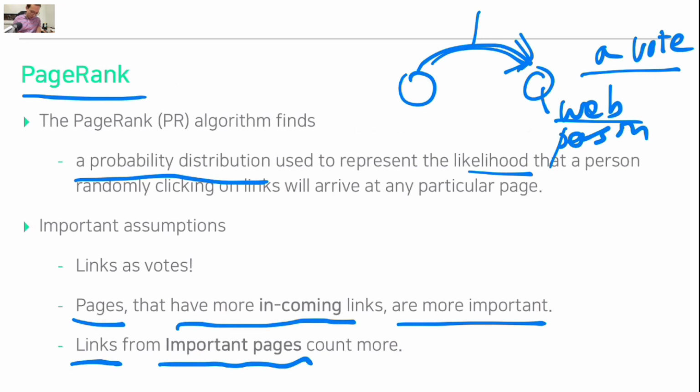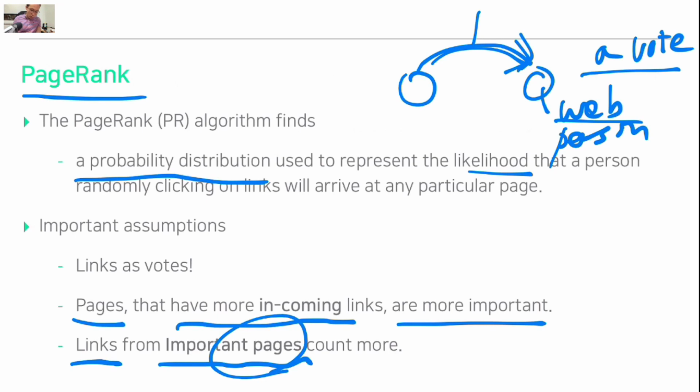The fundamental law, I'm not sure how to call it in English. Anyway, the law says the vote from all people is considered the same, right? So we don't have important votes or unimportant votes, but at least in web pages or social media, particularly for PageRank, we have some important pages.